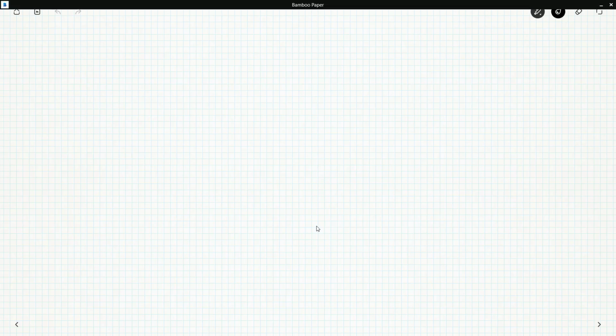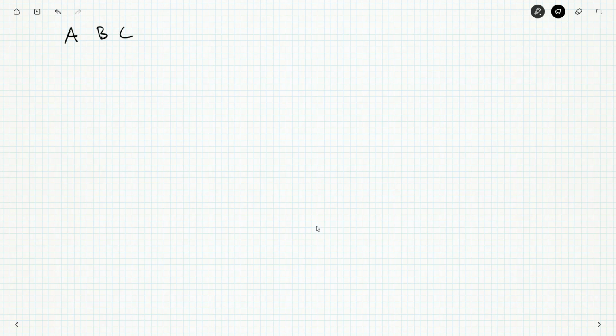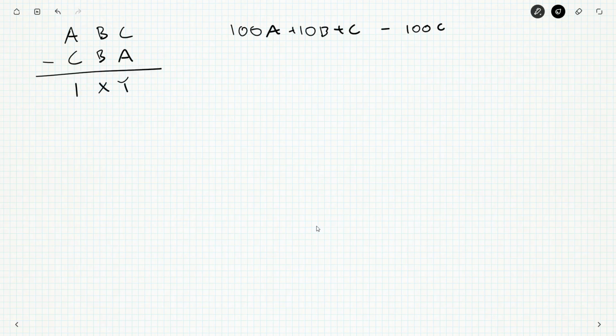Well, I'll tell you what, they've written it the way you subtract in grade school before they give you calculators. But I would probably instead write this as 100a plus 10b plus c minus 100c plus 10b plus a is equal to 100 plus 10x plus y.